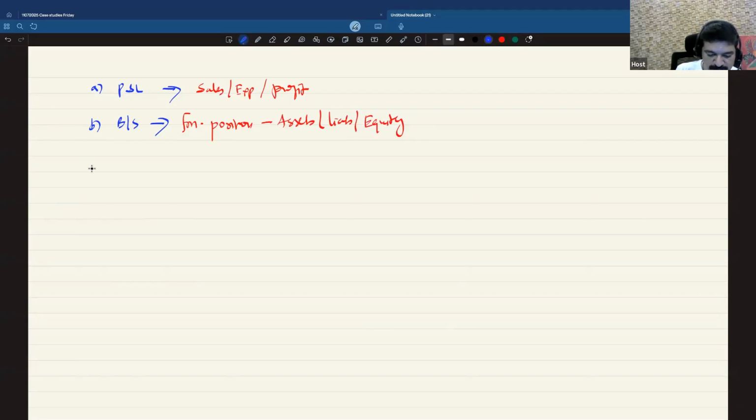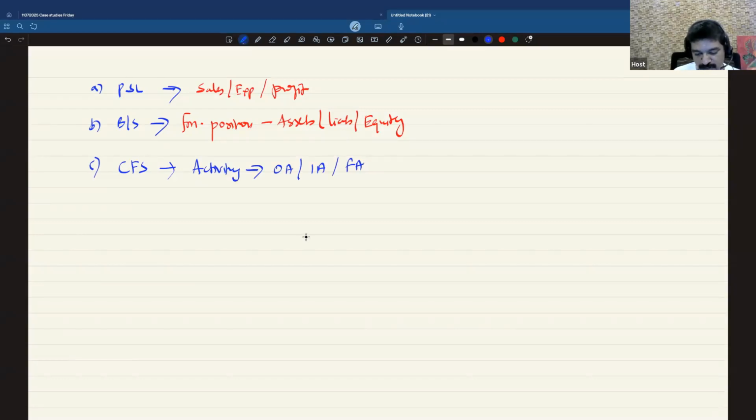Then a question may arise: still, there is a cash flow statement. A cash flow statement is there, but it communicates the cash flow movement based on activities, which are classified as operating activity, investment activity, and financing activity. So these three statements are there, but their objectives are different.